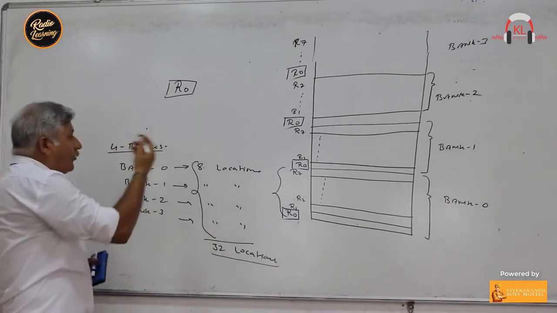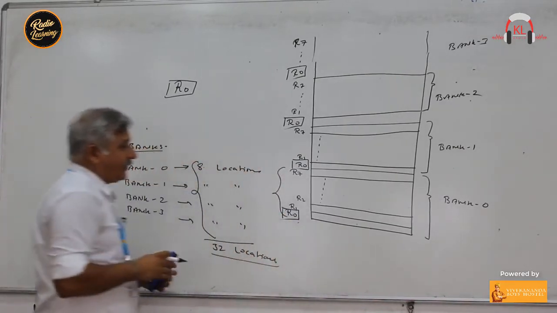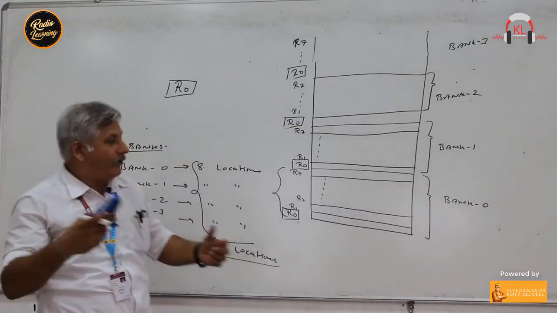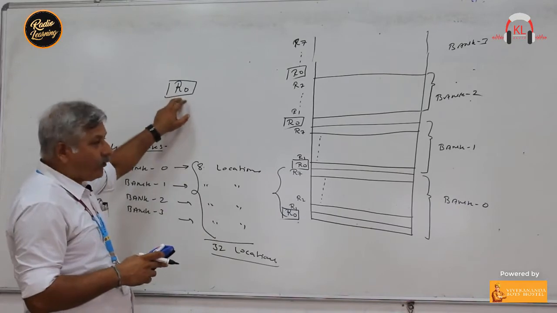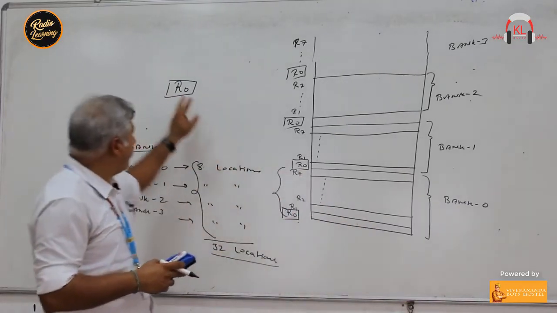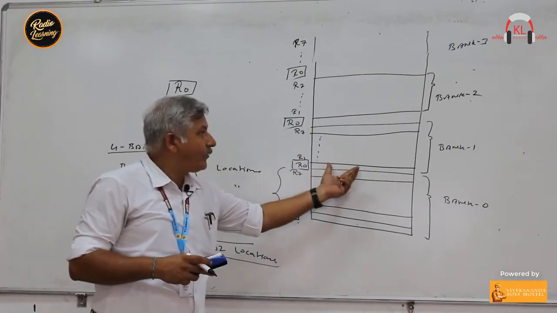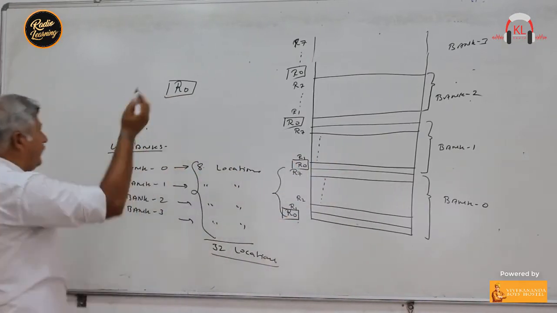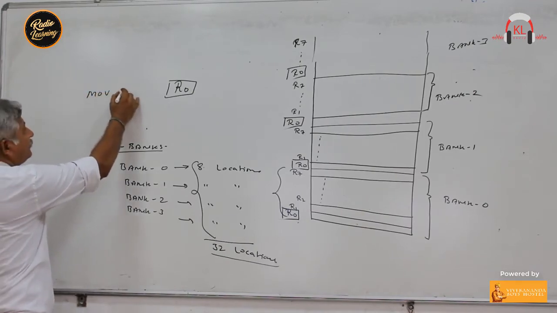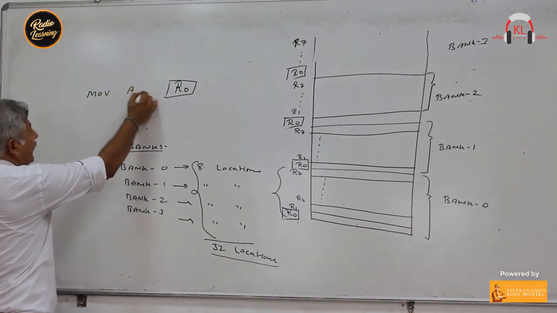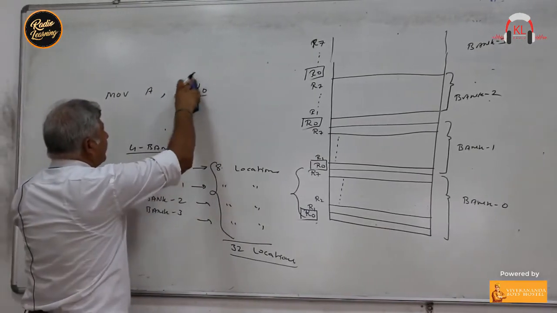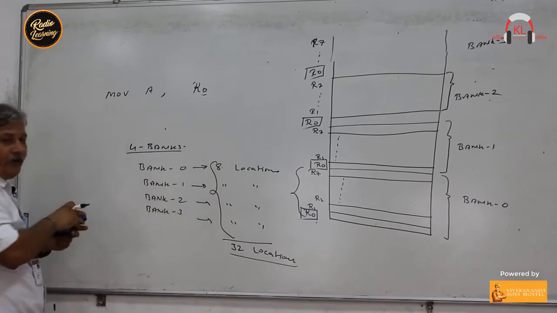So, if we want to access the data from R0 register of bank 0, then how will our controller come to know that this R0 register belongs to bank 0, right? Or this R0 register belongs to bank 1, right? For example, I will write one instruction, MOV A, R0. Suppose this is one instruction of the microcontroller.